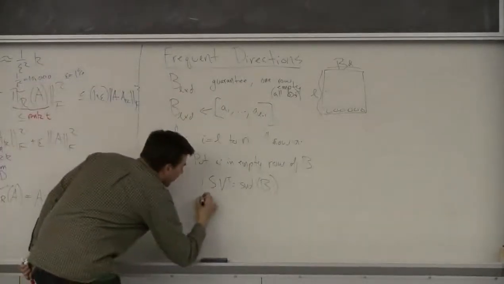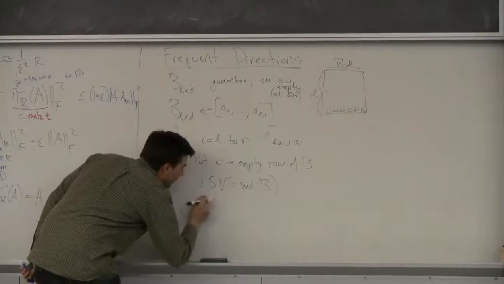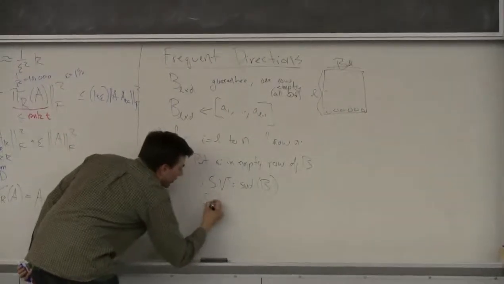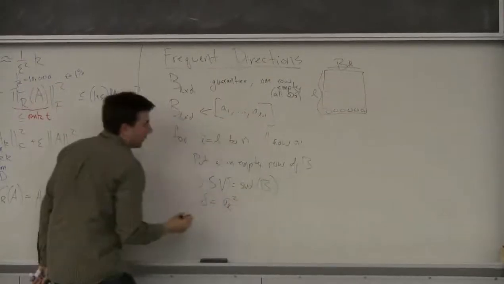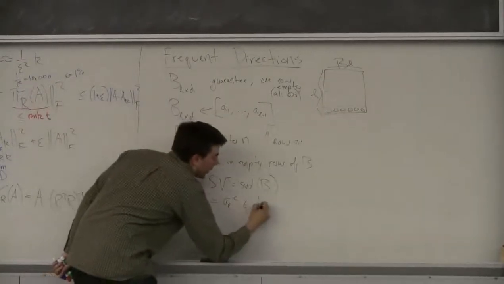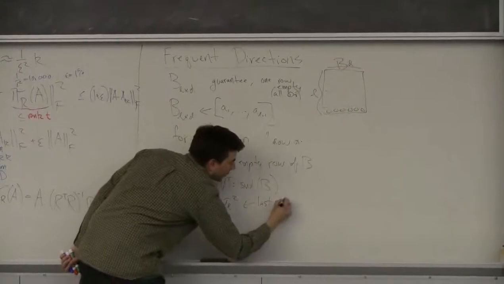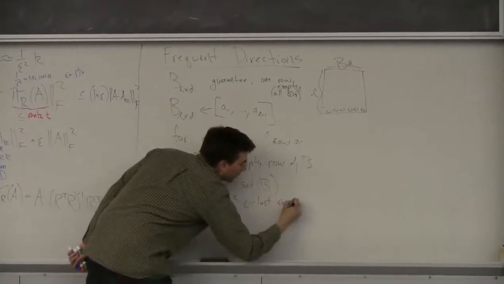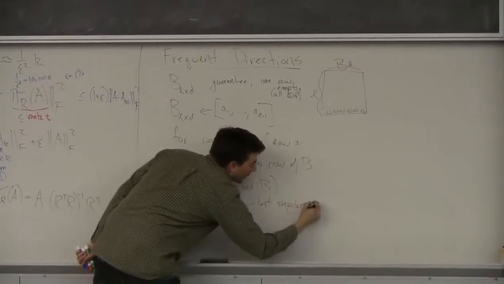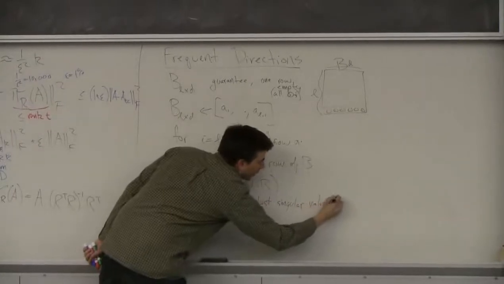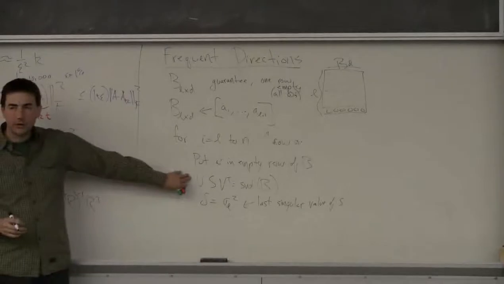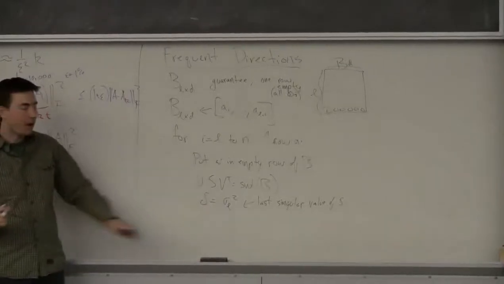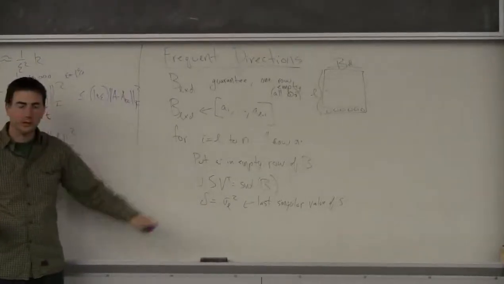Now I'm going to set this value delta, which is going to be sigma L squared. So this is going to be the last singular value of S. Remember, of all the singular values here, they're sorted, and the smallest one is the last one, and that's going to be delta.